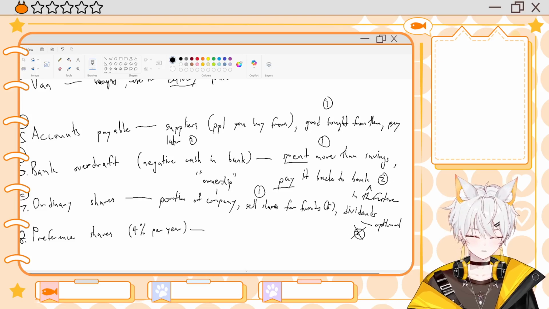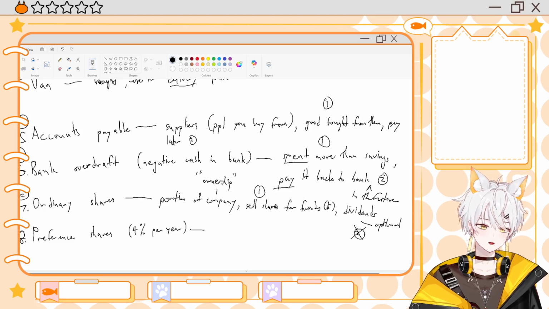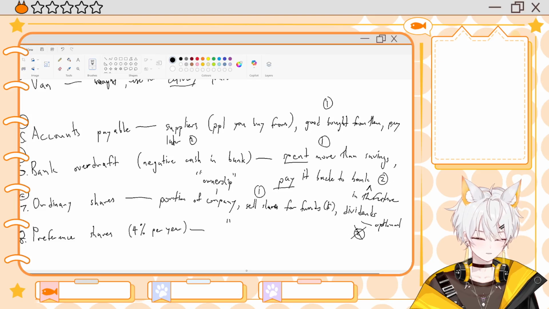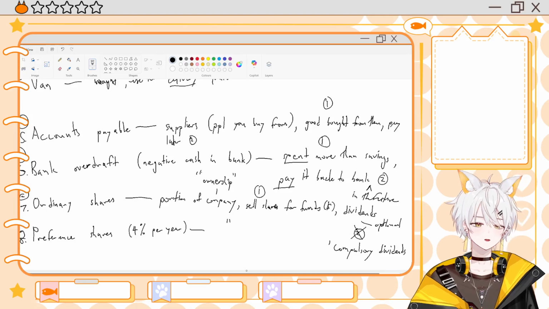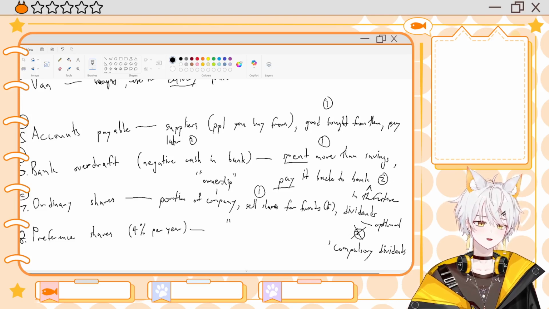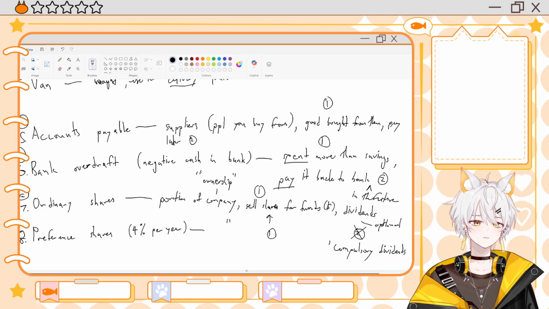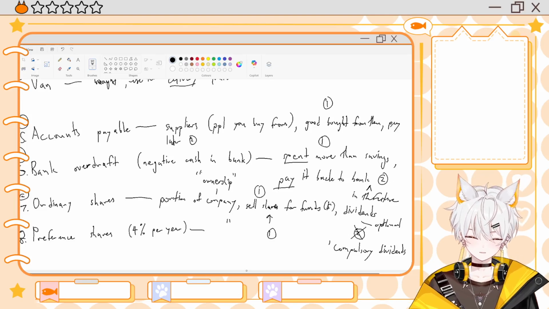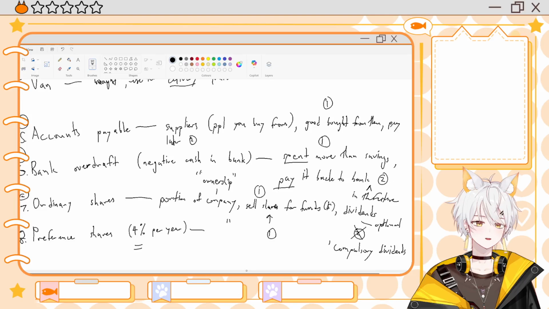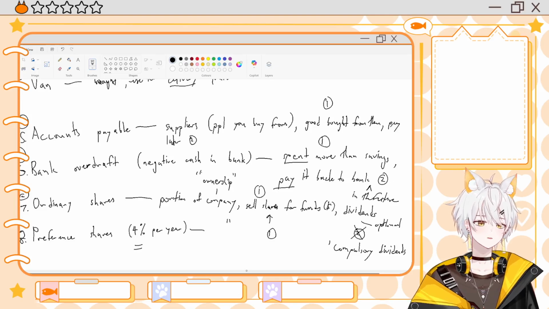Right, okay. So the last one, preference shares. The main difference between this and ordinary shares, everything else equal, is that you have compulsory dividends. They could call it other things, payouts, whatnot. But criteria 1 is the same. They sell these for funds. And the most important part is preference shares will stipulate a percentage per year, or percentage per period, any period, 6 months, 3 months.